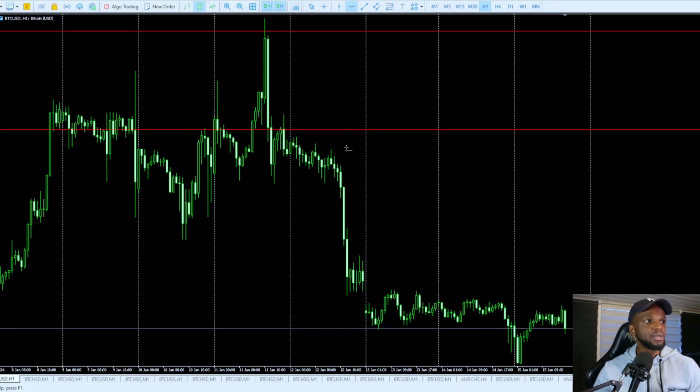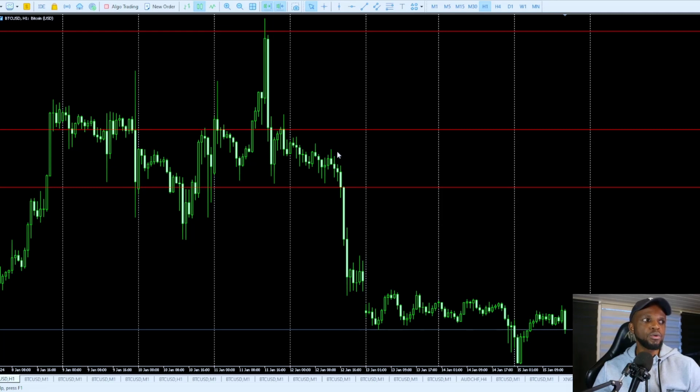At this point, you might decide to enter the rest of the lot size to make up one lot, because price seems to be confirming that it is going in your favor. What that has done is helped you wait for the market to show its hand, to show you that it's actually going down before putting a full lot. However, it's the market.